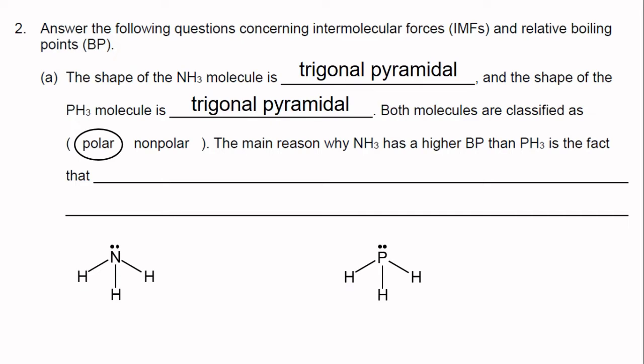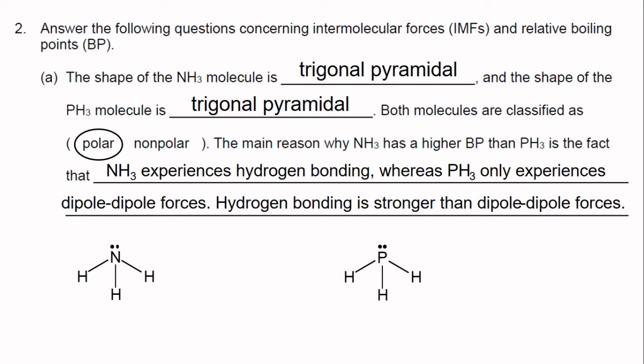So there must be a reason why NH3 has stronger intermolecular attractive forces. And the reason is hydrogen bonding. So the NH3 molecule experiences hydrogen bonding, whereas PH3 only would experience dipole-dipole forces. Hydrogen bonding in this particular example is stronger than dipole-dipole forces.